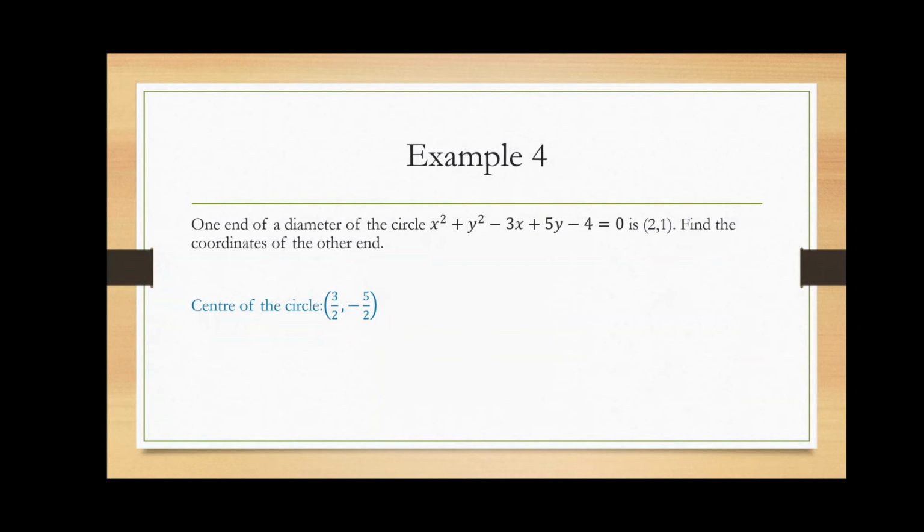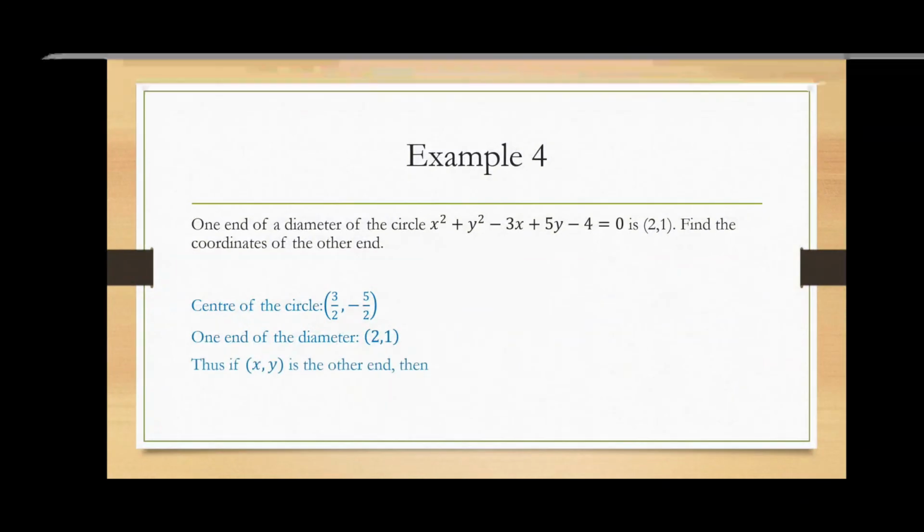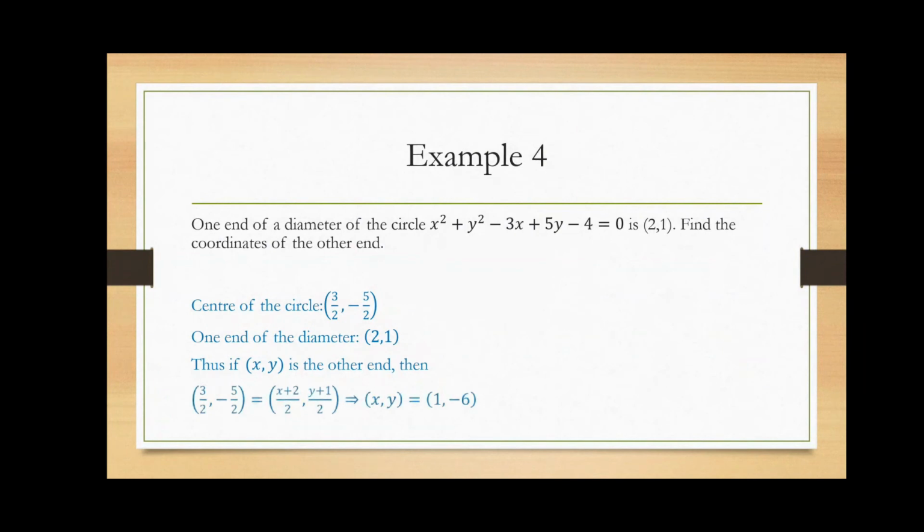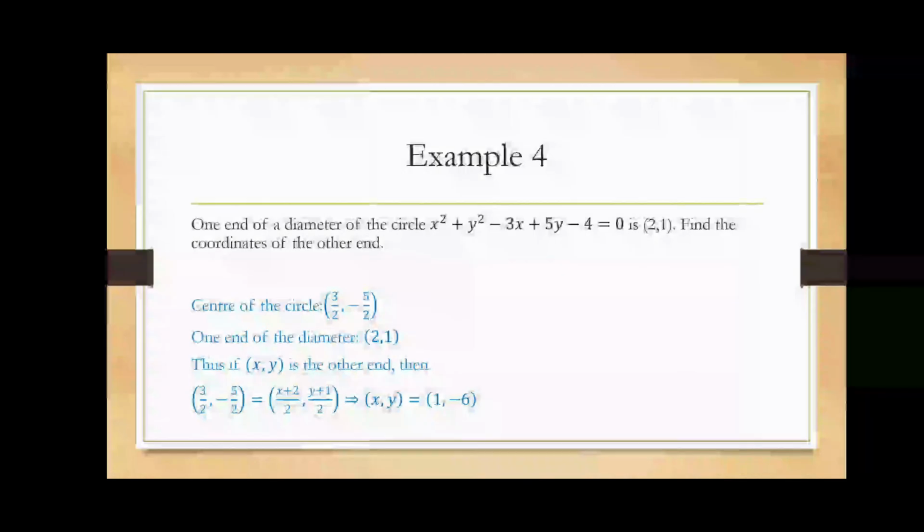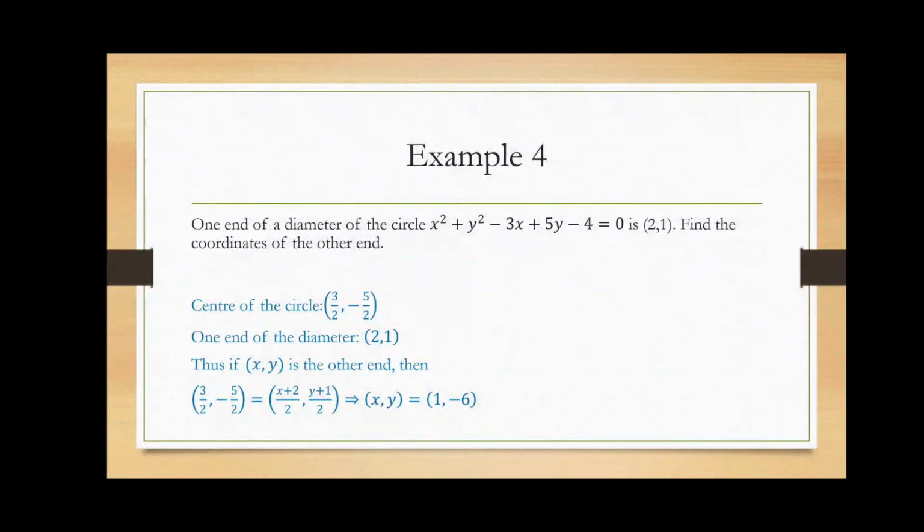And then if I consider the other endpoint as x comma y, then we can see the center, that is 3 by 2 comma minus 5 by 2, is basically x plus 2 by 2 and y plus 1 by 2 following the midpoint theorem. And from there I get x comma y as 1 comma minus 6. So therefore the other end of the diameter is 1 comma minus 6.